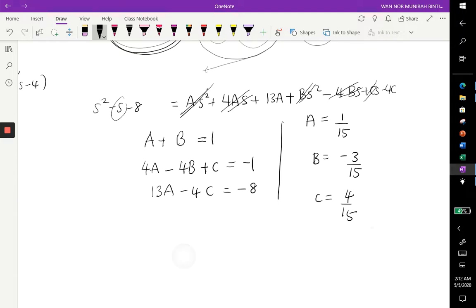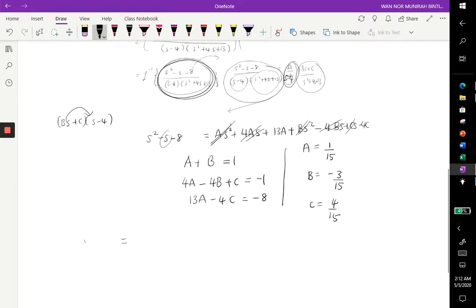So when we try to get the Laplace inverse of Y(t), it is equivalent to the Laplace inverse of A, which is 1 over 15, times 1 over S minus 4, plus B, which is negative 3 over 15, times S over S square plus 4S plus 13.